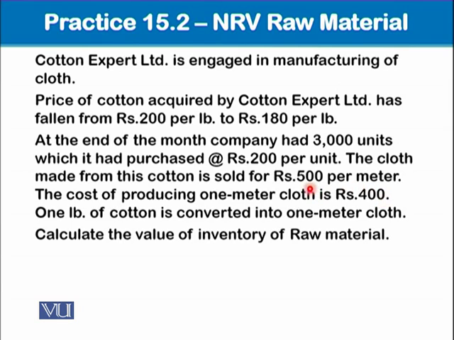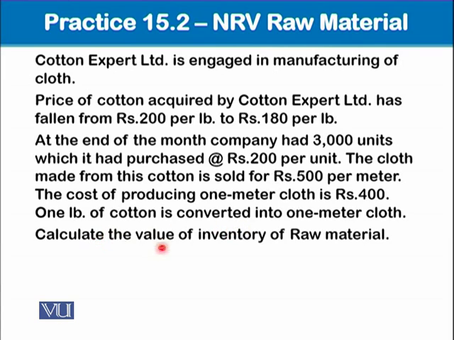So we are realizing all that we had spent for production of this cloth. Our spending is 400, and this 200 is part of our total spending, and we are realizing it all together when we are selling it for 500.